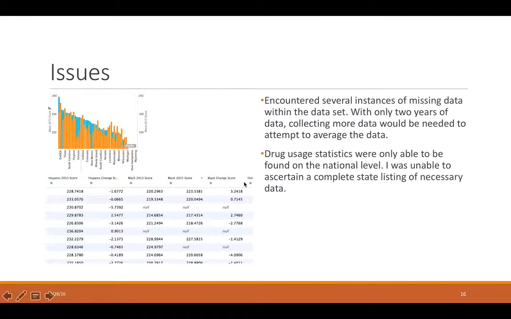And also being that the drug data in question was from a federal level and not a state level, you can't really tell if the data is skewed for specific states or if it actually follows the state performance.